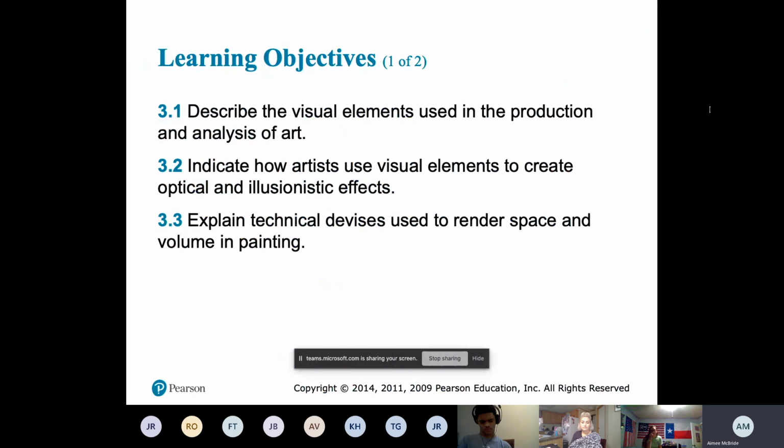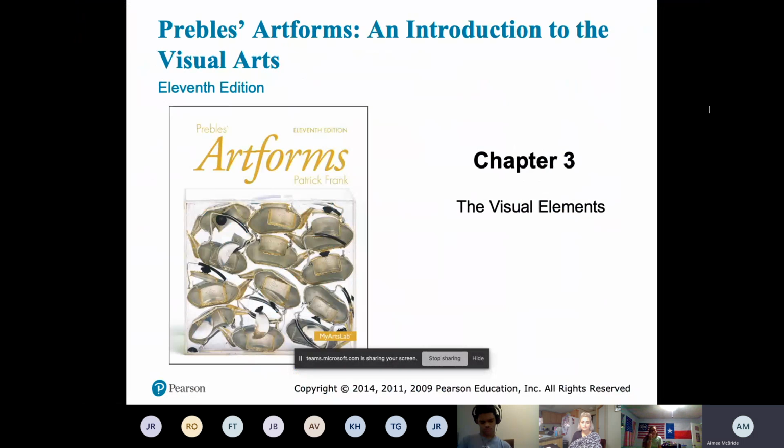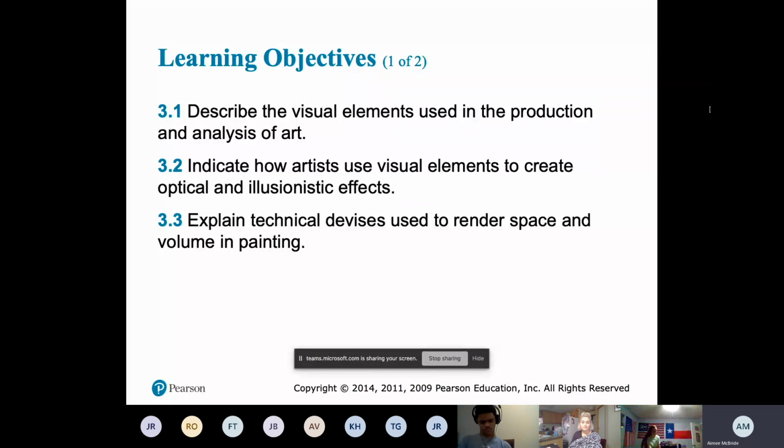In this chapter, once again, we are going to be doing the visual elements. So the tips and tricks that artists use to create their artwork. And hopefully by the end of this particular section, which we will finish tomorrow, you guys will be able to analyze those visual elements and understand why artists use them, how they use them correctly to convey their purposes and functions the way that they want to.